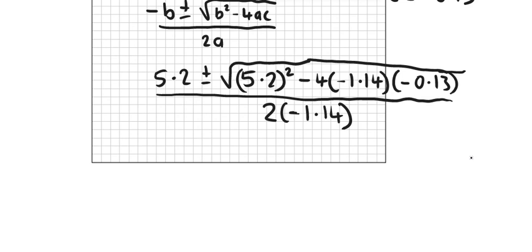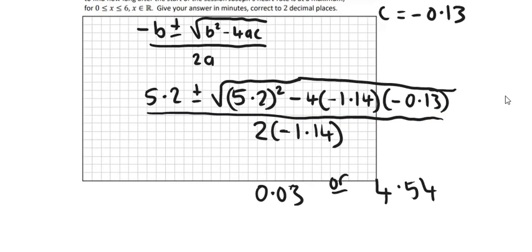The easiest thing is to put it all into the calculator with a plus in there, and that's one answer, and then change it to a minus instead, and that's your other answer. So your two answers are going to be 4.54 and 0.03. You always get two answers with the quadratic formula, generally.